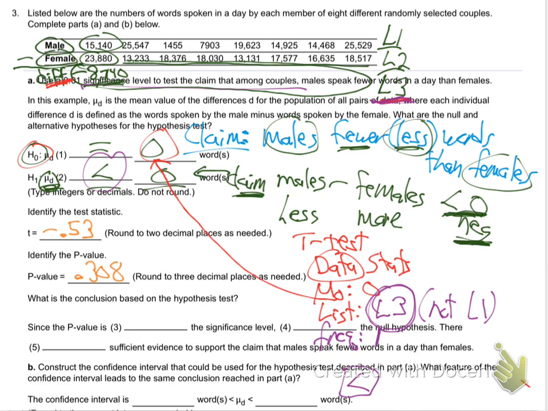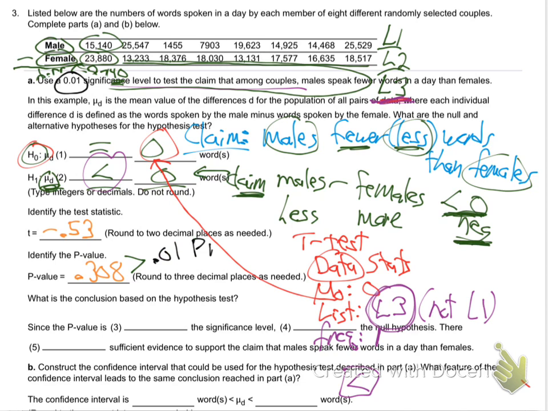What does that mean about our p-value? This p-value is greater than the significance level. Where is our significance level number? Oh, it's covered up by my thing here. There it is, 0.01. So that's certainly way greater than 0.01.